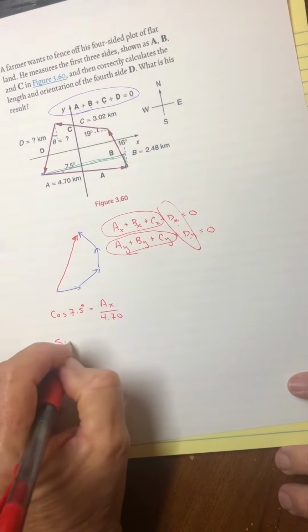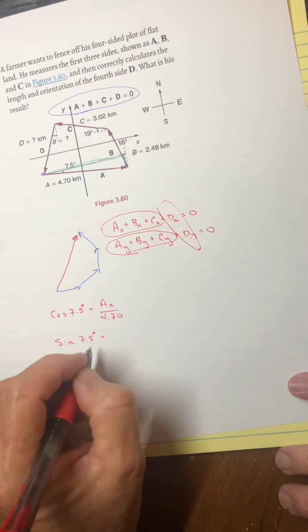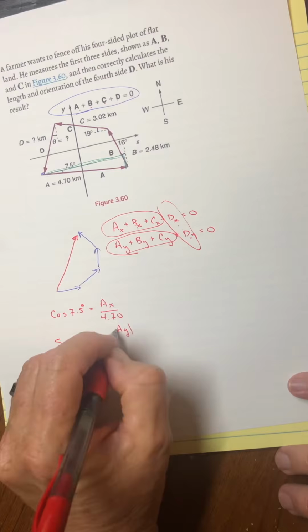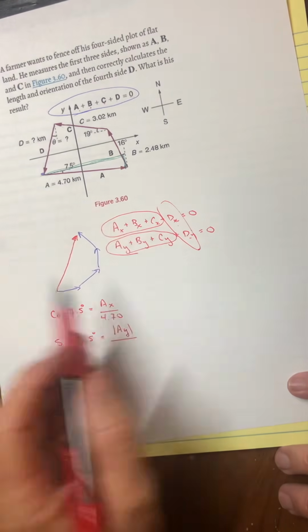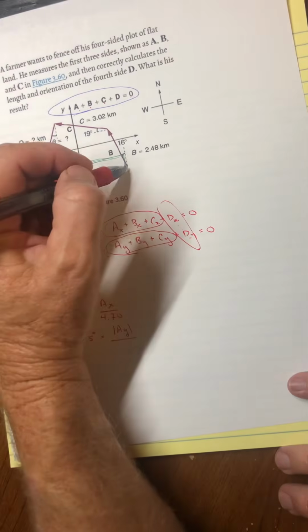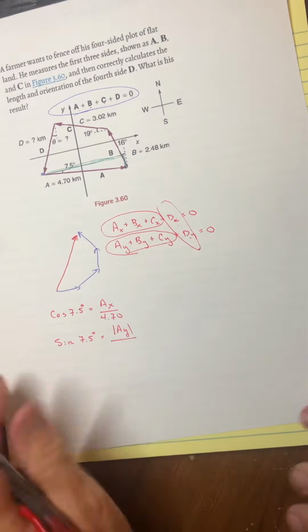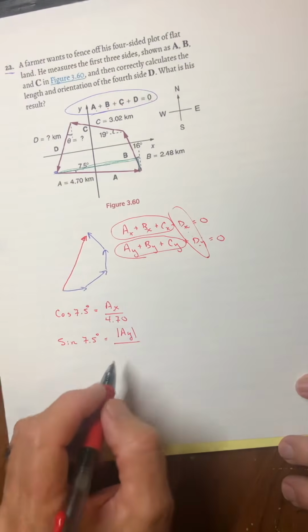And sine of 7.5 degrees would be AY, although maybe I better say magnitude, because if you look at A, it goes right, so that's positive. But then it goes down, so it's technically a negative number, but we're dealing with lengths, where in our trig functions we just use absolute value.